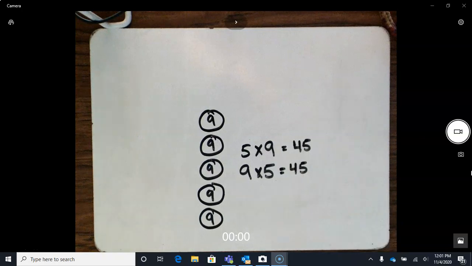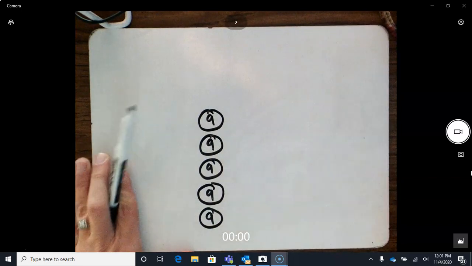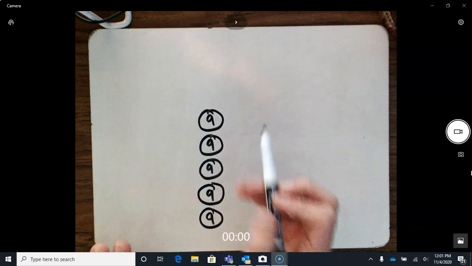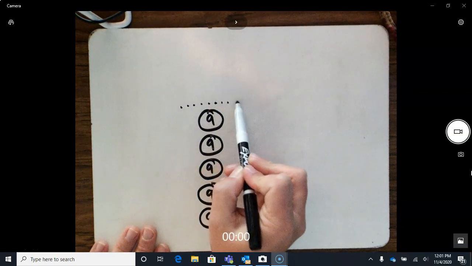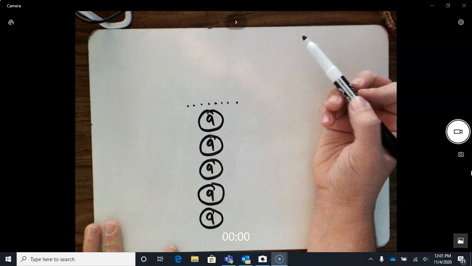Good. All right, now, I want you to remember that number 45, but let's erase these equations so we don't get confused. Keep your circles, or your 5 units of 9, there. And let's draw that dotted line again above our 5 groups. And let's add one more unit of 9.